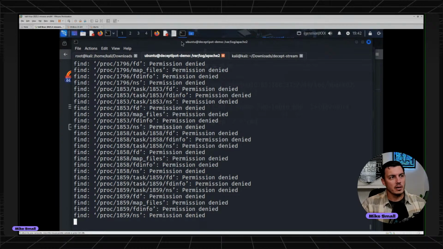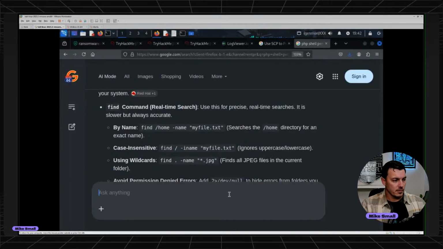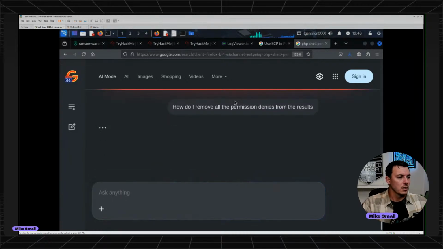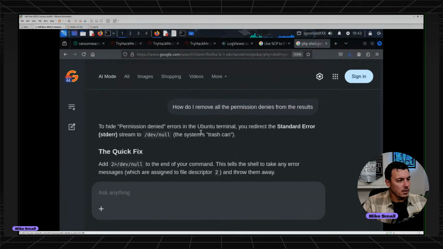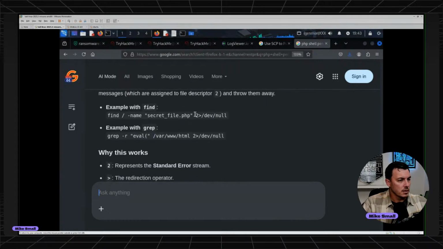So we can fix that by asking, how do I remove all the permission denied from the results? All right, it'll tell us exactly what we have here.